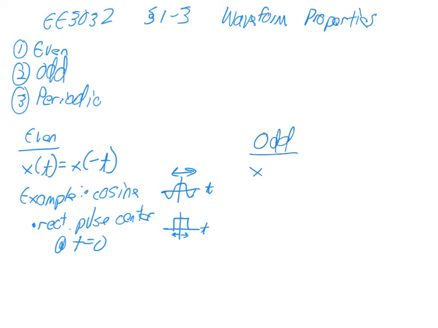So an odd signal tells us that when we reverse the time axis, we don't quite get the original signal, but we get the negative of it. A common example here would be a sine wave.